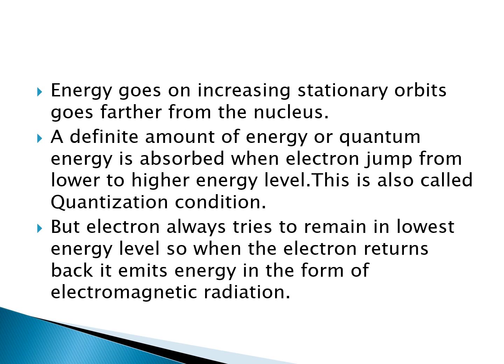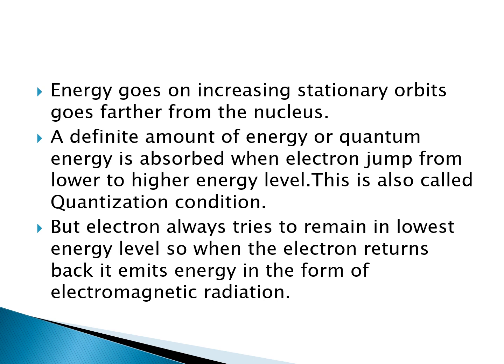And the most important point which Bohr gave is that a definite amount of energy, or quantum energy, is absorbed when electrons jump from a lower to a higher energy level. When the electron jumps from lower to higher energy level, it absorbs the energy, and this condition is called the quantization condition, which was an improvement over the Rutherford model, given by the Bohr model.